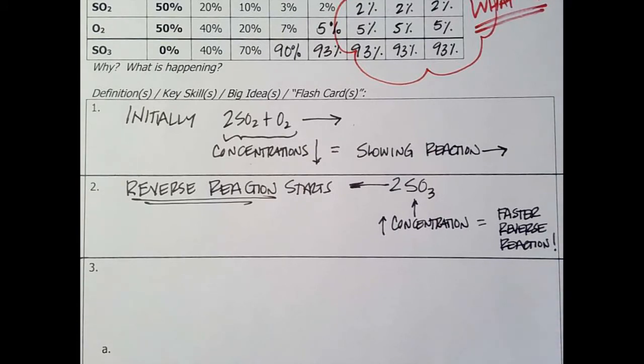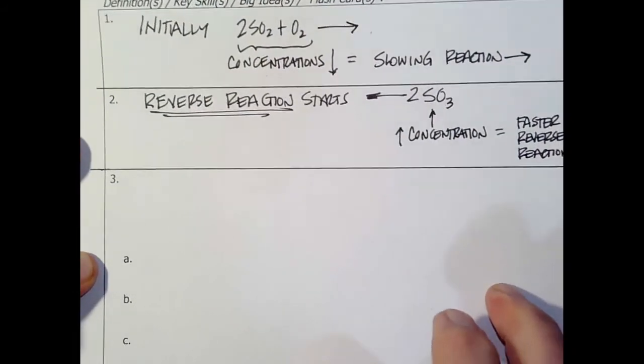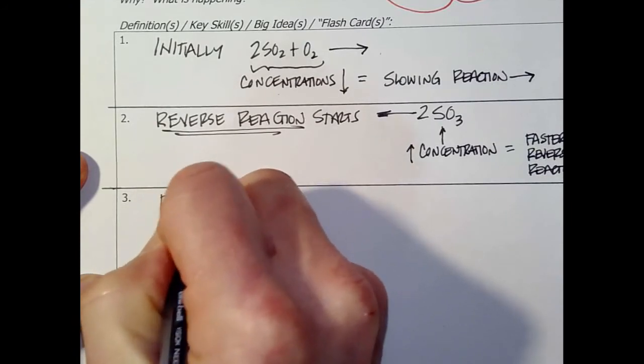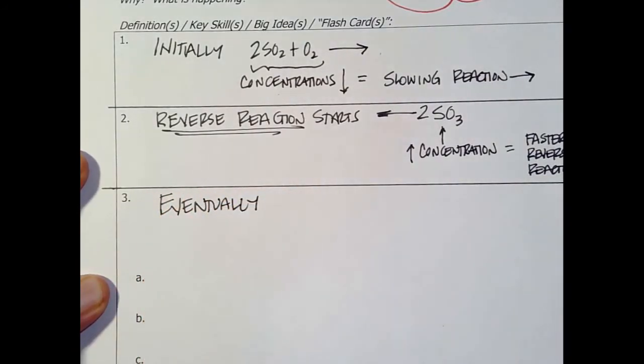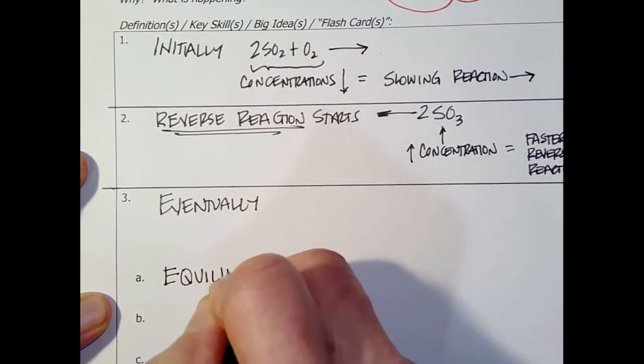And when that happens, eventually, after some amount of time, we get this condition called equilibrium.